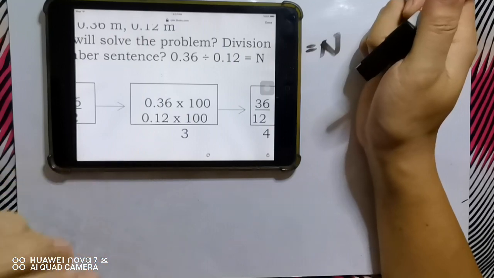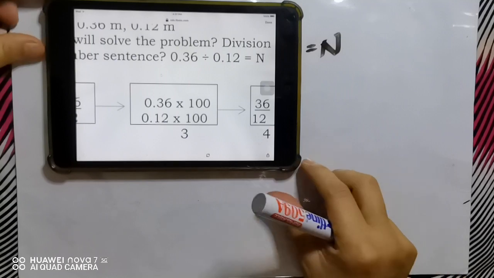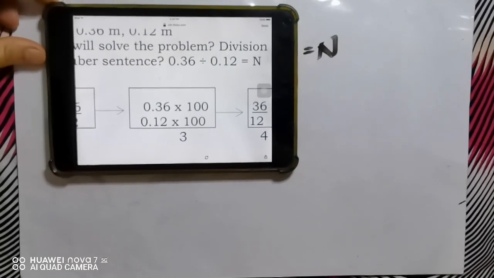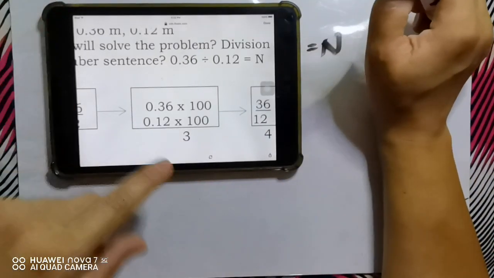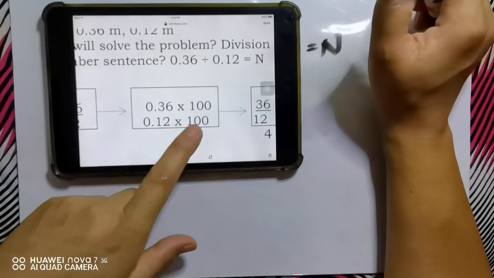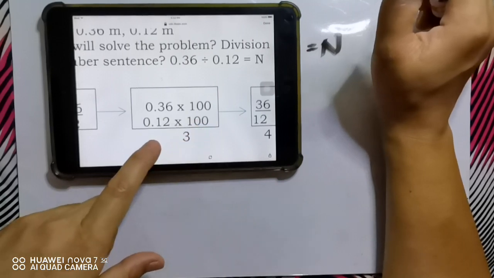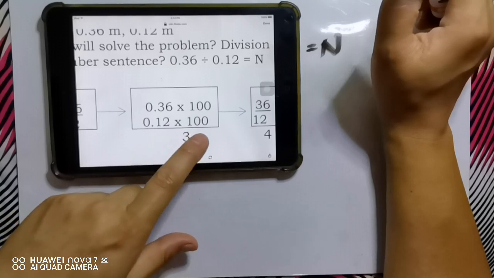Before you divide decimals, you have to make sure that your decimals are whole numbers, or kumbaga wala siyang decimal point. So paano mo matatanggal yung decimal point sa kanya? You are going to multiply that by 100. Same thing with this. So since dalawang decimal place siya, you're going to multiply that by 100.